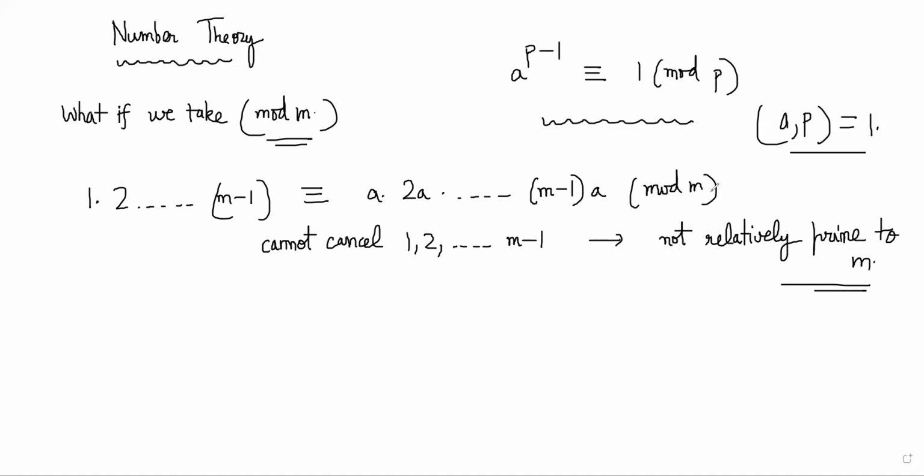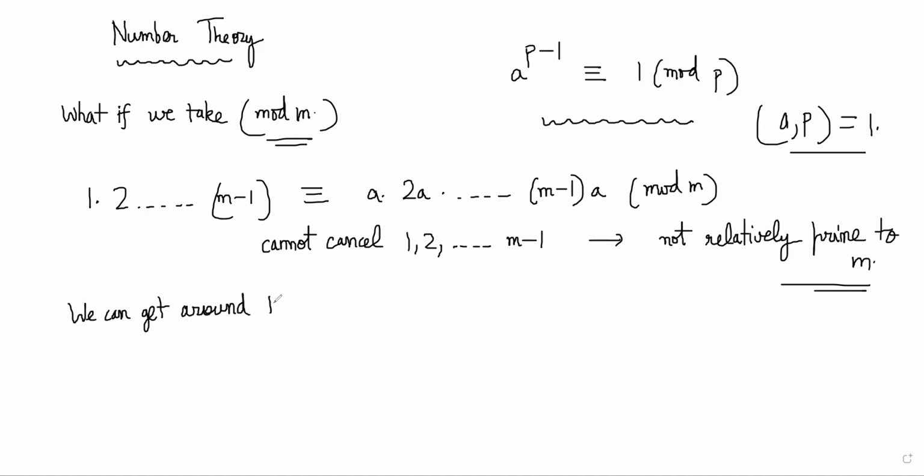In the case of prime numbers, 1, 2, 3, till p minus 1 were relatively prime to p. Therefore, we were able to cancel the factors and we got the simple result that a^(p-1) is congruent to 1 mod p, right? So how do we generalize this?